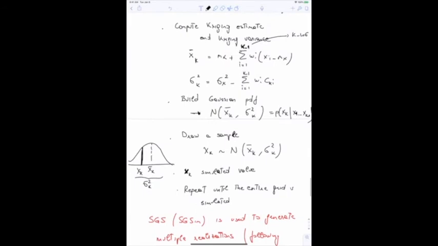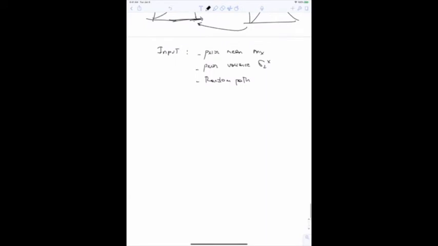But remember that you have to solve a Kriging system or a Kriging interpolation to determine the mean and the variance. So you need to compute the weights, and the weights are a function of the correlation function or the covariance function. So you also need the covariance function or model.